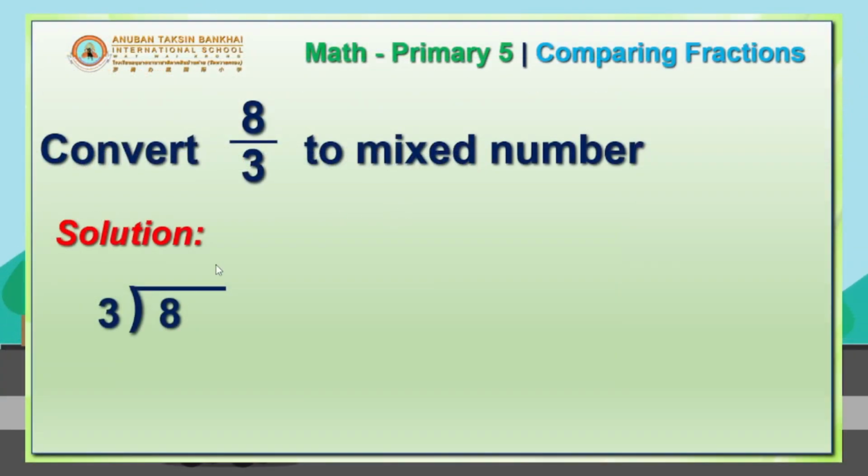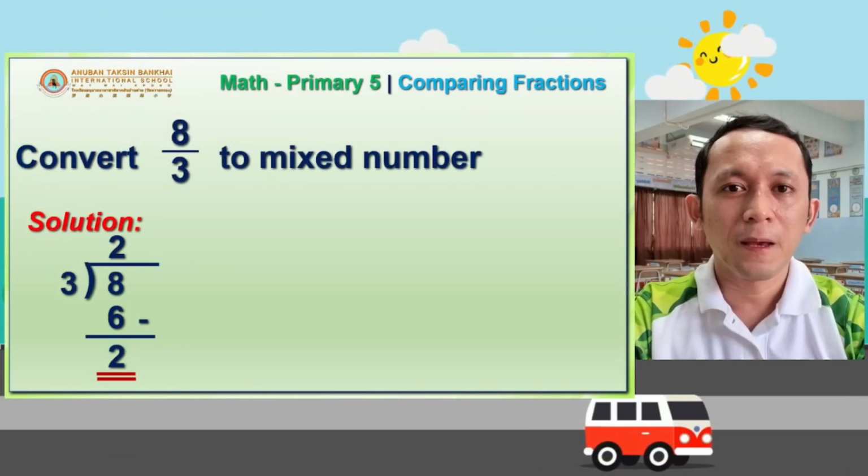We can write this in this manner. If we divide 8 by 3, we get 2. Then we multiply 2 times 3, we have 6. Then we subtract, 8 minus 6, we have 2. Since we cannot divide 2 by 3 anymore, this is now our remainder.